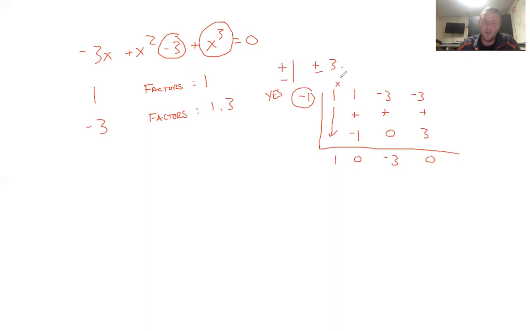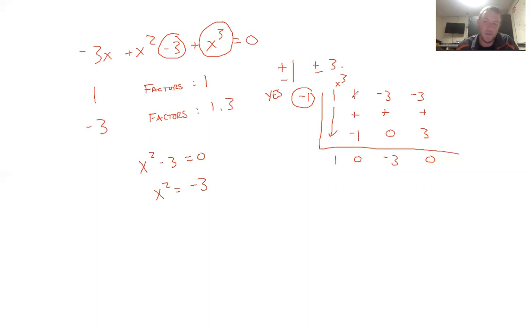Now this was x cubed, and I only really need to find 1 because now I'm down to x squared. So it'd be 1x squared plus 0x minus 3 is equal to 0. See how there's no middle term? I can just solve. So plus 3, I get x squared is equal to -3. And then I should square root it.